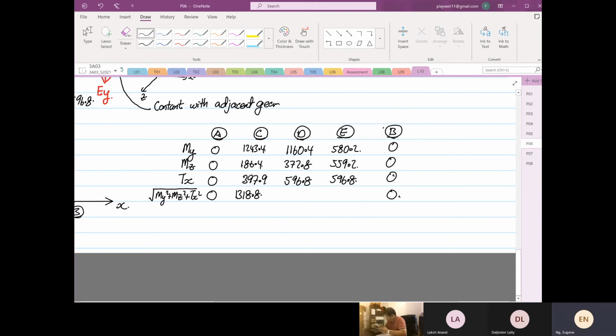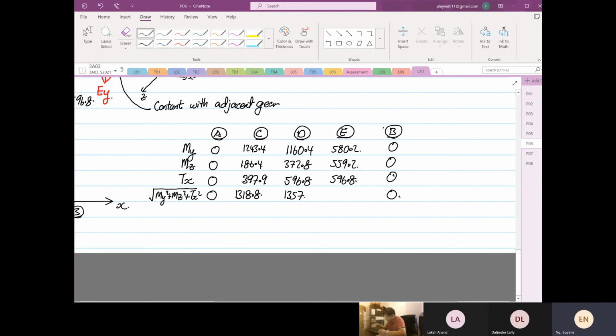1318.8. Next is 1160.4 squared plus 372.8 squared plus 596.8 squared, square root 1357. Okay, so the next one is 1357. Talking about this, in fact, there are commercial software doing this. I know some of you ask, why don't we use the commercial software? Some companies won't buy commercial software because it's too expensive.